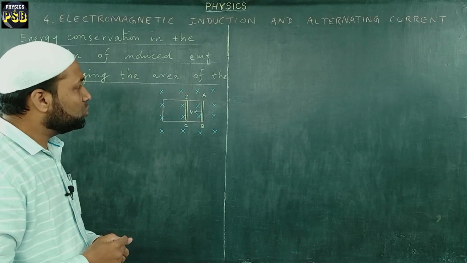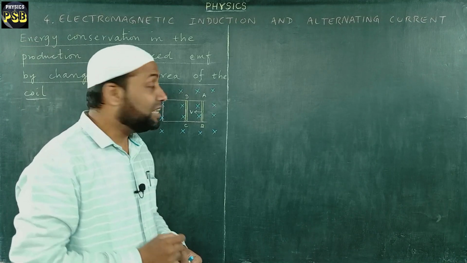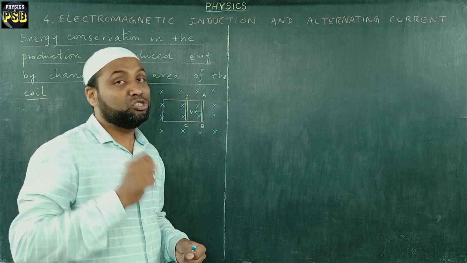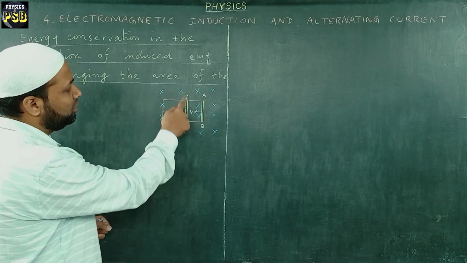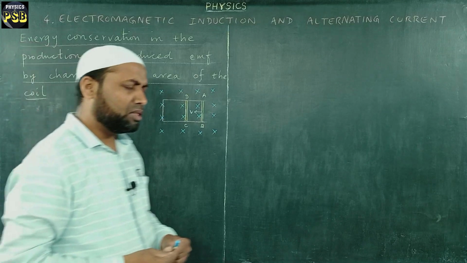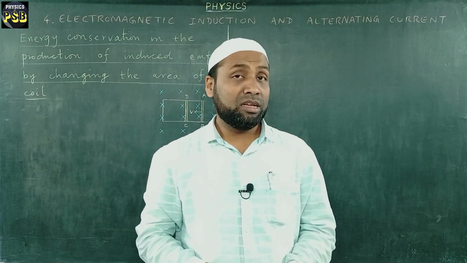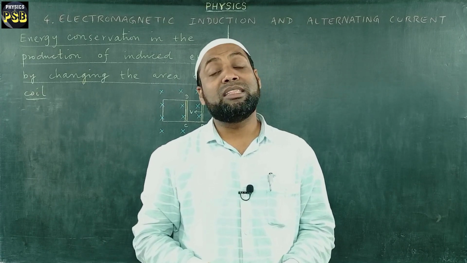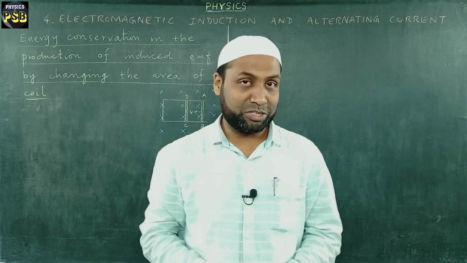When the area enclosed by the loop changes, the magnetic flux linked with it will also change. So whenever the magnetic flux linked with a coil or a loop changes, it results in the induced EMF according to the third and second law of electromagnetic induction.